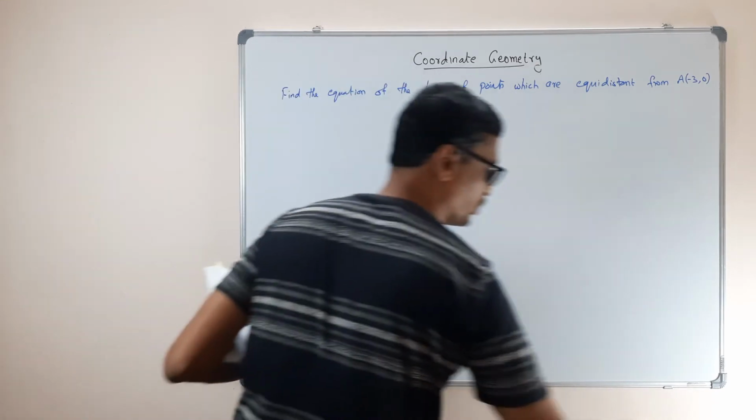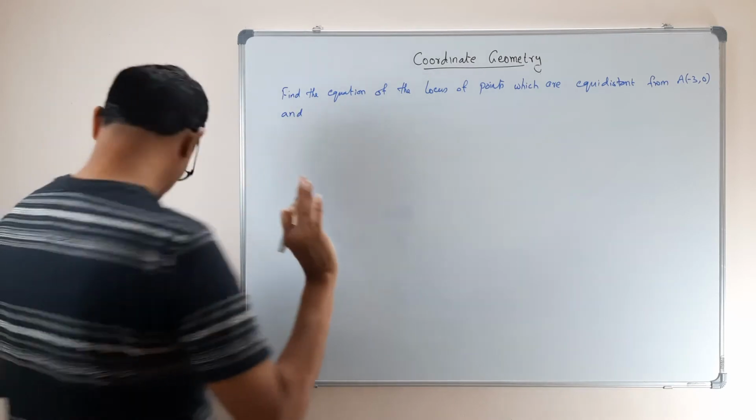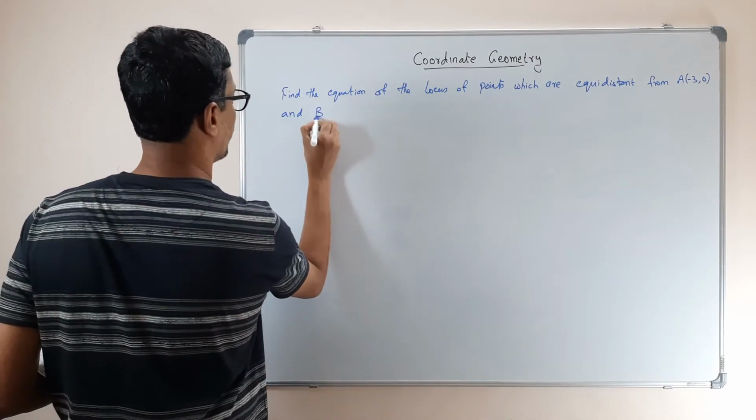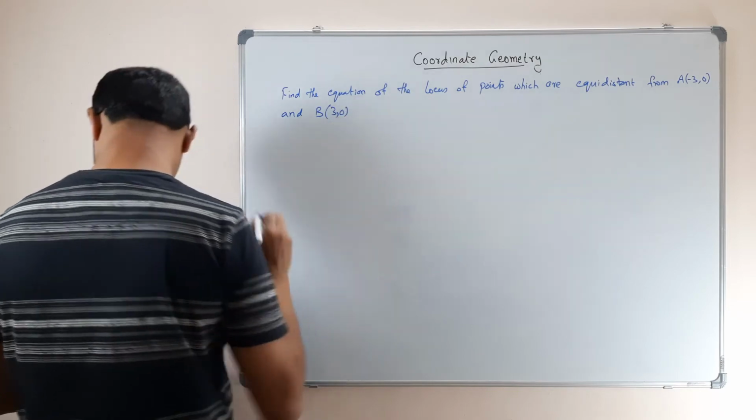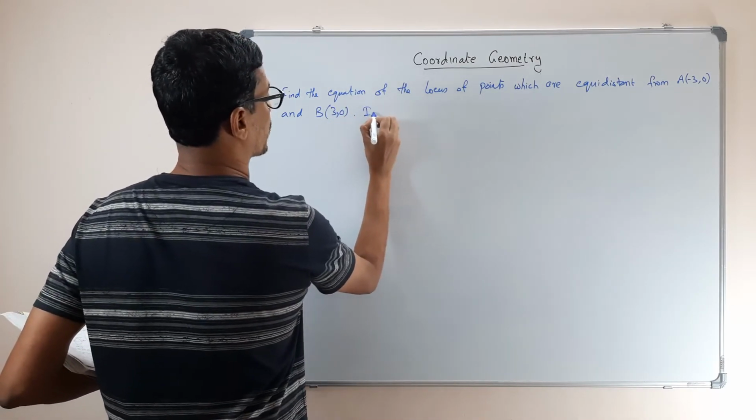I will start giving 2 points, so it cannot be a circle. That's it. And you have to identify the locus.